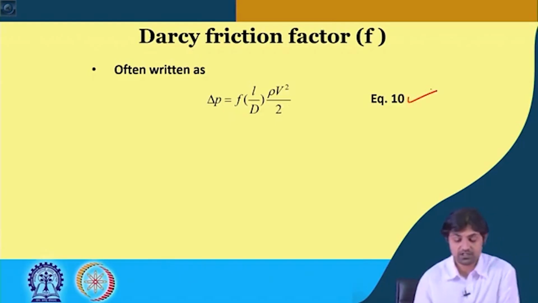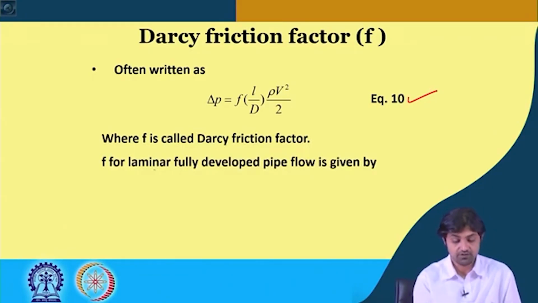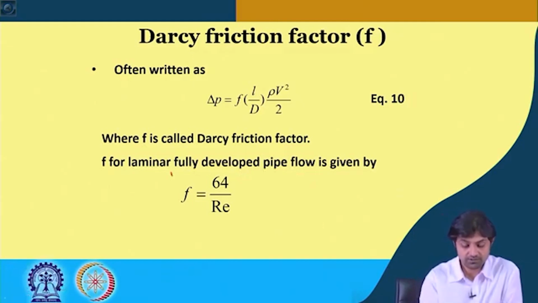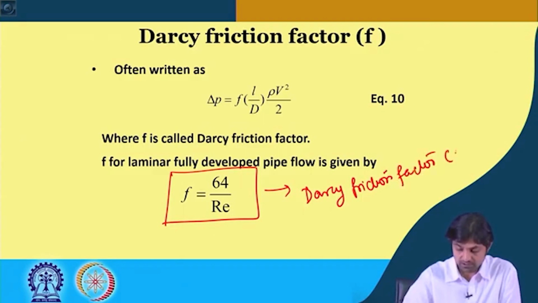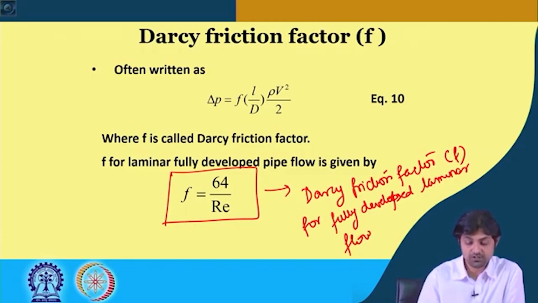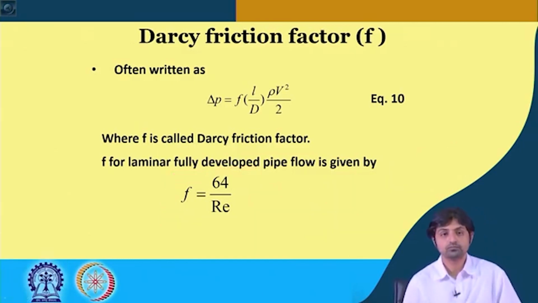With this equation number 10 analogy, we say that the Darcy friction factor F for laminar fully developed pipe flow is given by 64 by Re, and you must remember this. This is equation number 11.